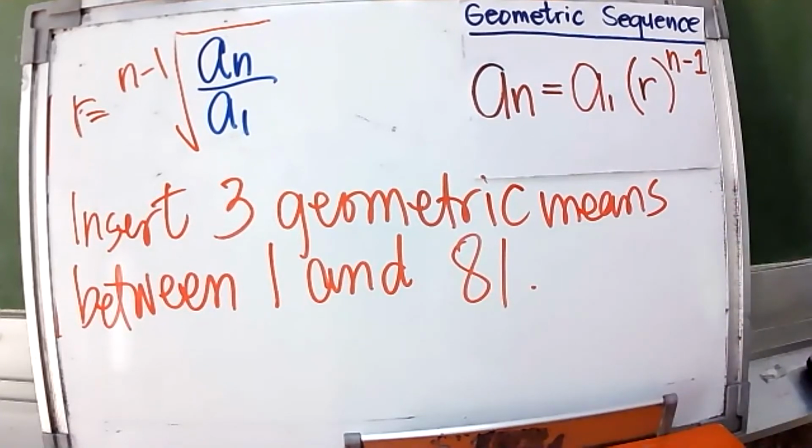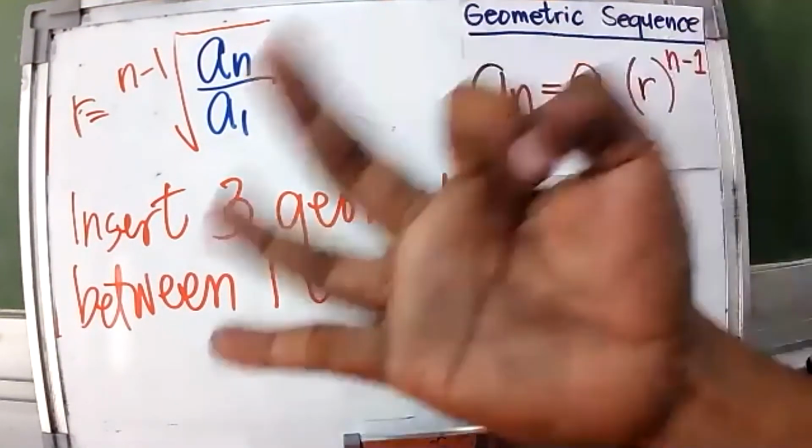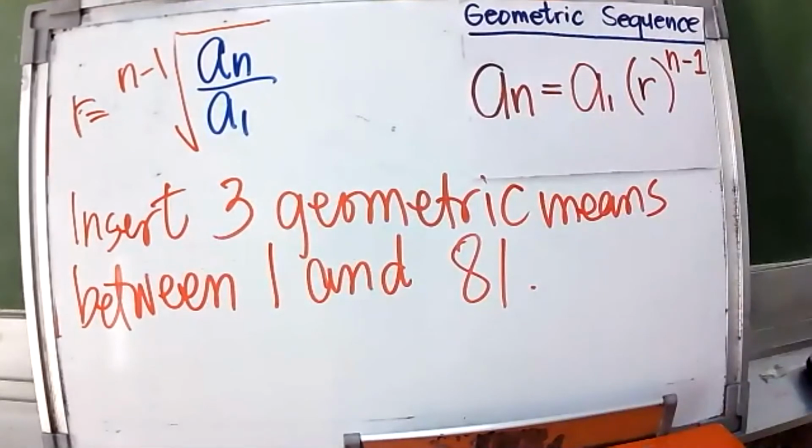Go. Insert 3 geometric means between 1 and 81. Send me via PM, chat PM, your 3 geometric means. Go.